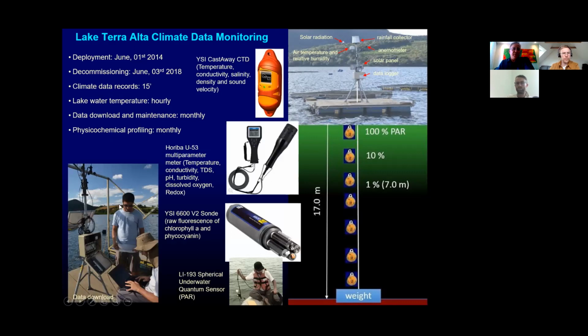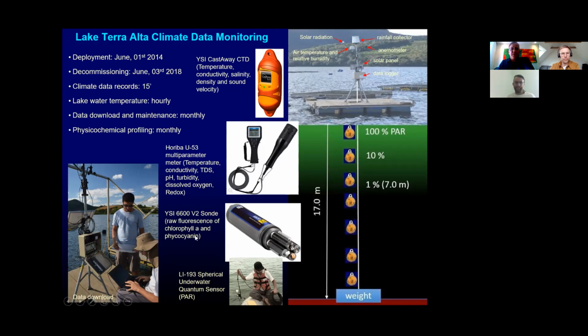Here we can see our group, our crew, working on the floating platform, downloading climate data as well as the Onset Tidbit temperature data. Every month, we usually do a sort of water profiling with a CTD for temperature, conductivity, salinity, and depth, and also with a multi-parameter probe for dissolved oxygen, turbidity, redox, conductivity, and other parameters.